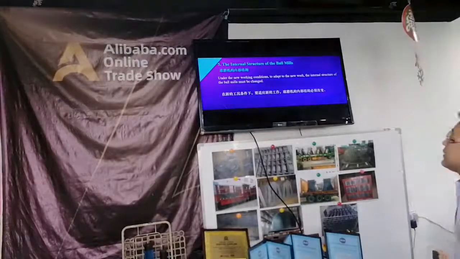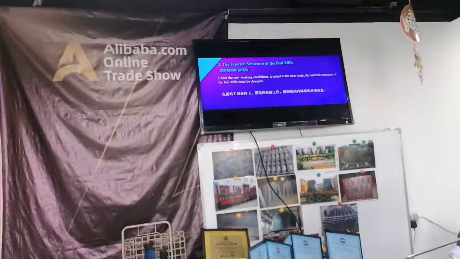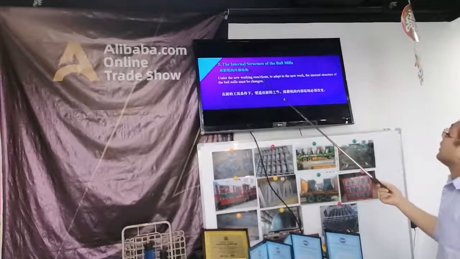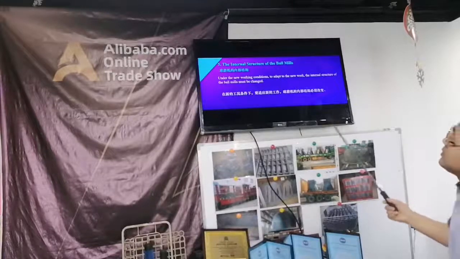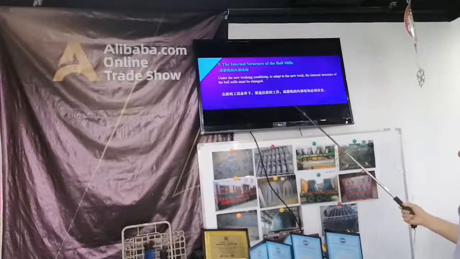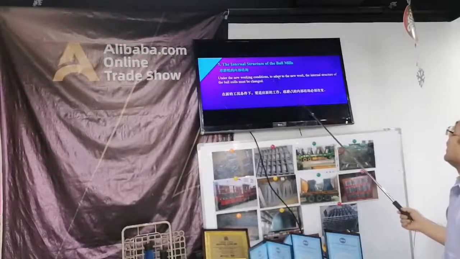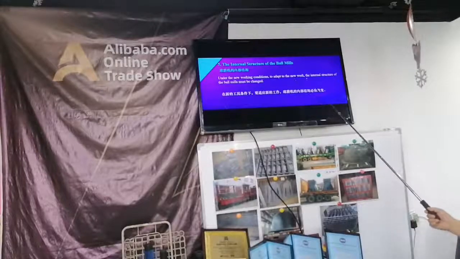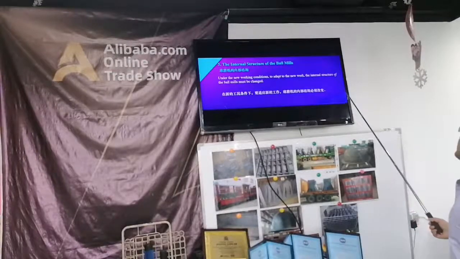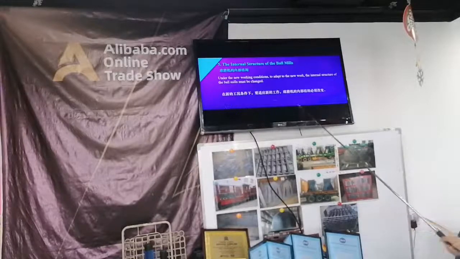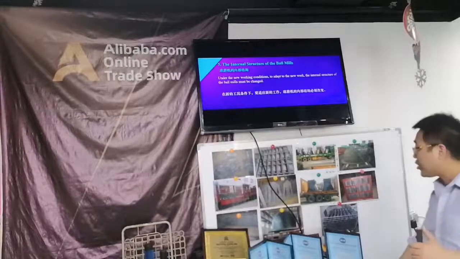At the bottom, the internal setting of the formulas. Under the working condition to adopt to the new working, the understanding of the formulas must be checked. That's the first picture.